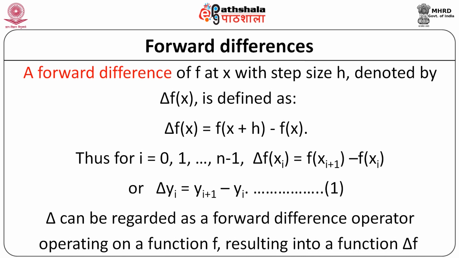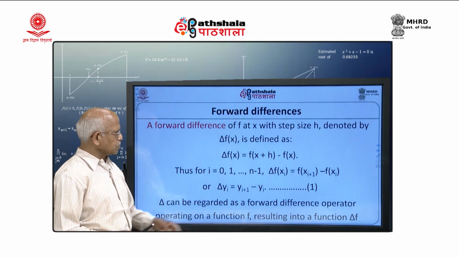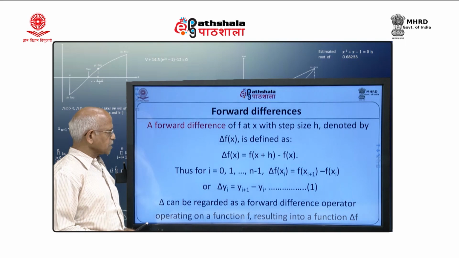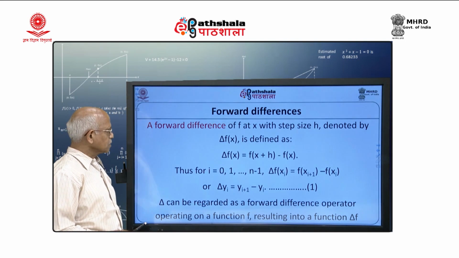Now, here you can see that x is a common variable and therefore, Δf(x) can be thought of as a function of x. f is also a function of x, and if we take specific values of x as xi, thus for i equal to 0, 1, 2, 3 up to n minus 1, if I take Δf of xi, then I will get f at x(i+1) minus f at xi.